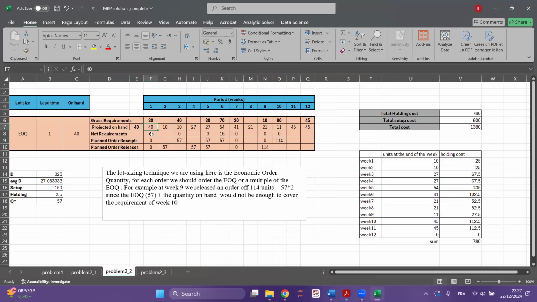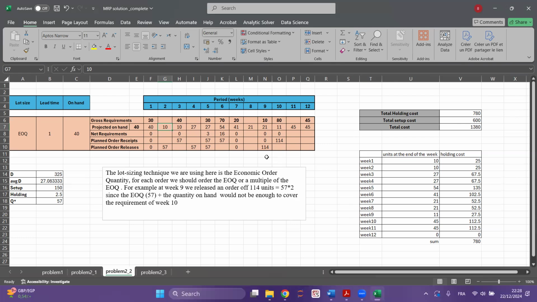The net requirement would be 0, of course. We have 10 units in week 2 on hand. So in week 2, we have to order some units because we only have 10 units on hand and we're going to need 40. So instead of ordering 30 like we did in the lot-for-lot technique, we're going to have to order 57, which is the economic order quantity.